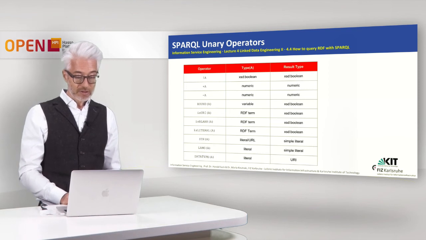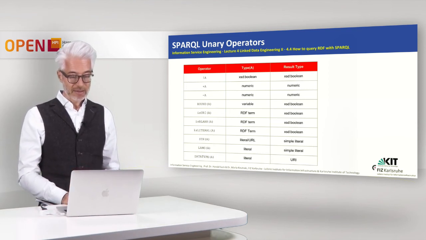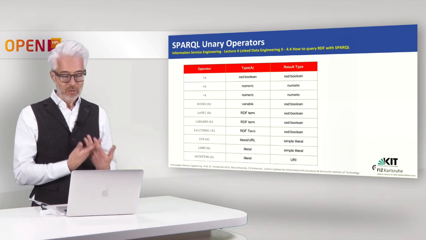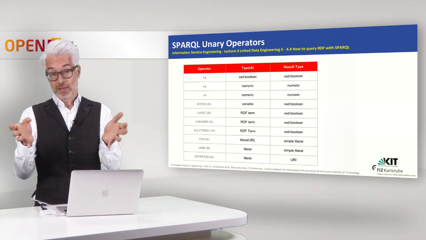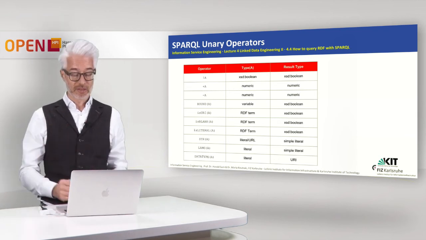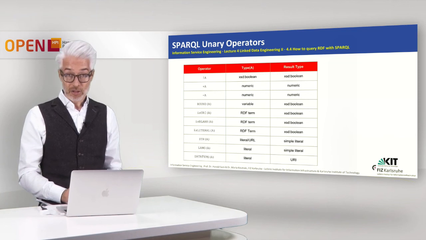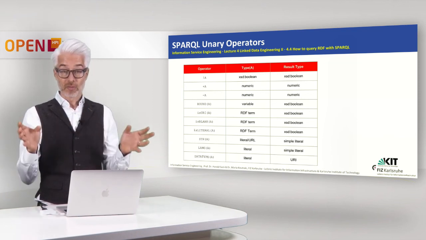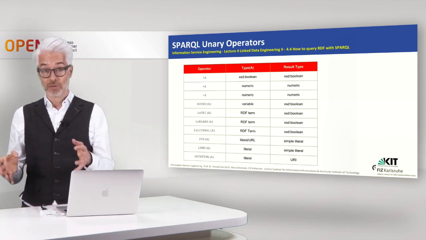The next three are also interesting. str modifies exactly the result. It simply converts any literal or URL into a simple string. So str of, for example, a URI will convert that URI into a string, and we can further process it if we want to do that. Then you have the language unary operator, and if you apply it to a string variable, it gives back the language of the string.